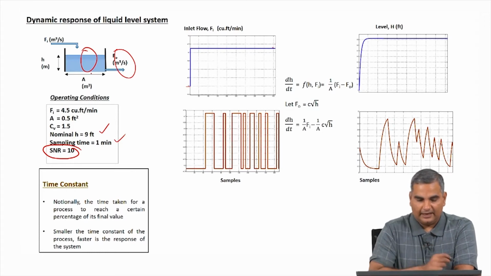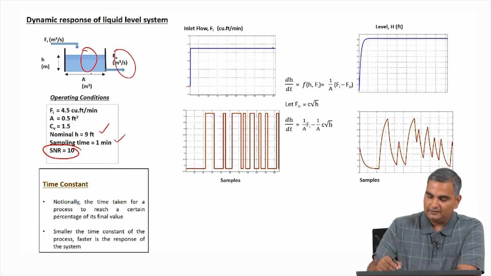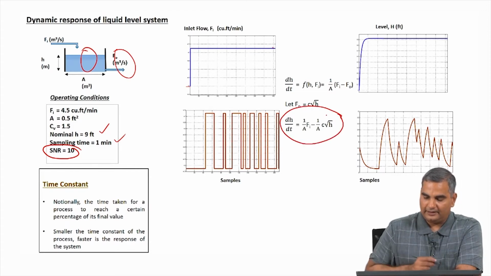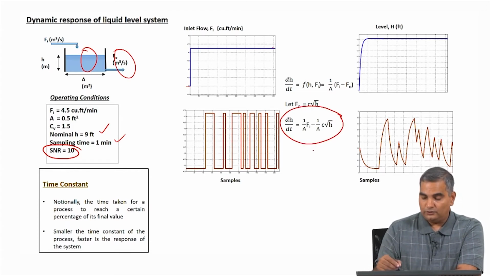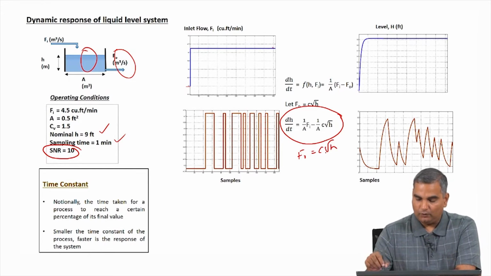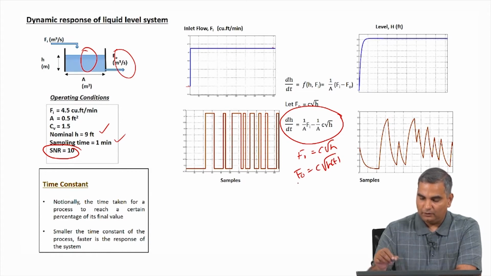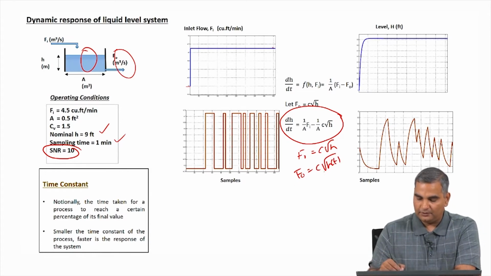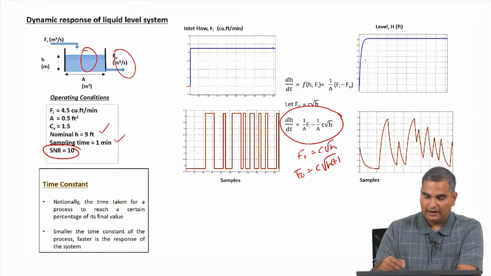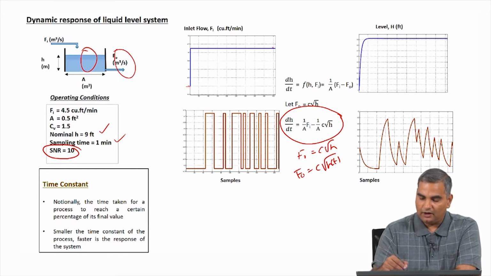So, in this case, if you do the simulation you can calculate the height of the tank using this, and once you get to a new steady state value of the height of the tank, you can always get your F naught as c times root of the final value. Or at any time you want to understand the dynamics of F naught and not height, it is simply F naught is c times root of h at any time. So, any time you want to know what the outlet flow rate is, it is going to be c times root of h, and that h is going to change according to this equation.